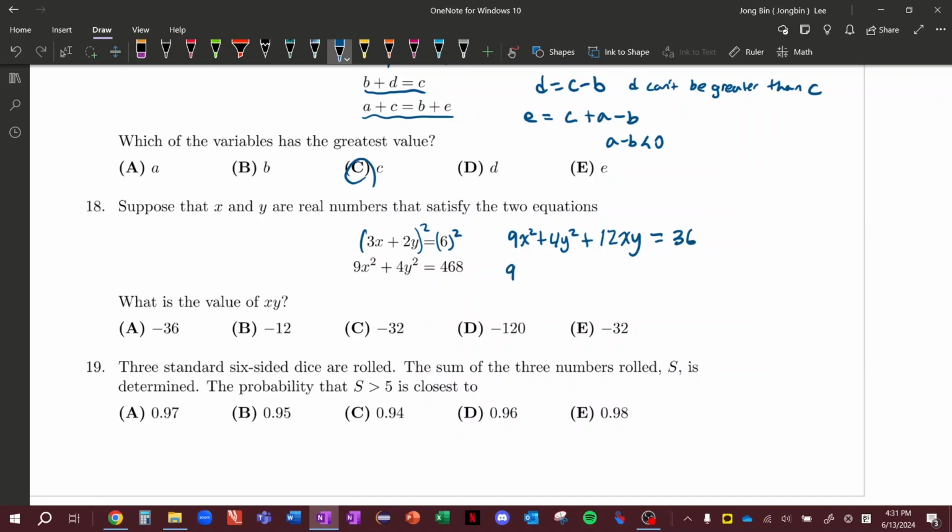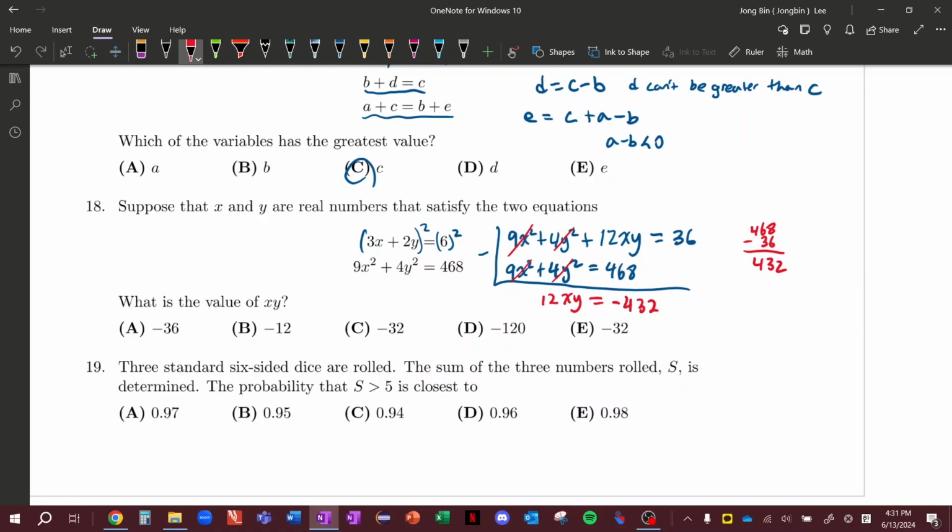And the second equation is just the same thing. We did not touch anything, and we could also subtract these two equations so that we could get rid of the 9x squared and the 4y squared, and ultimately we get 12xy equal to 36 minus 468. So 432, so we get minus 432.